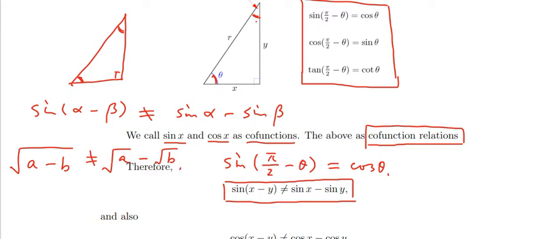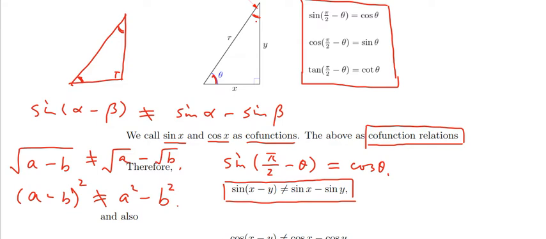We all know this. And a minus b, squared, is not equal to a square minus b square. So many functions do not have a linear relationship.